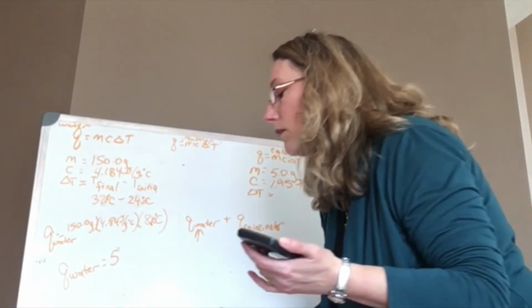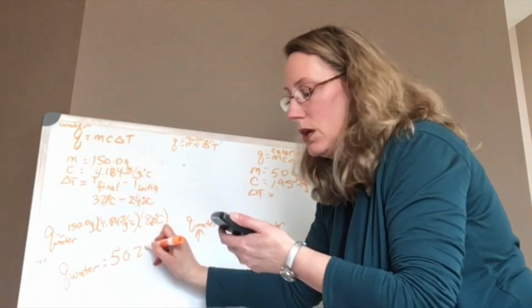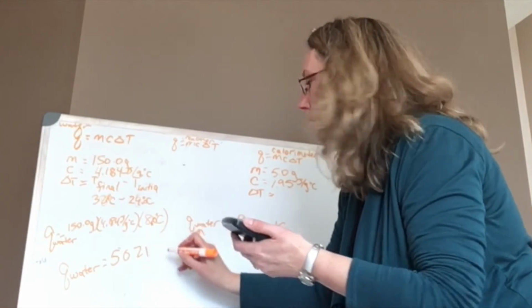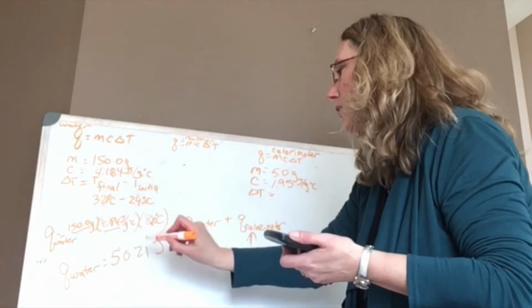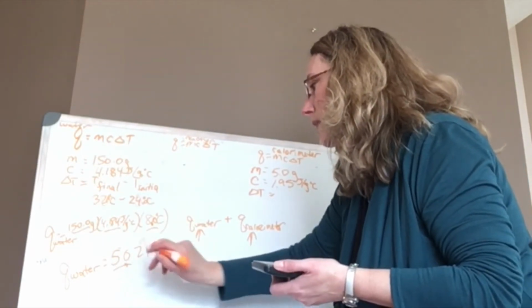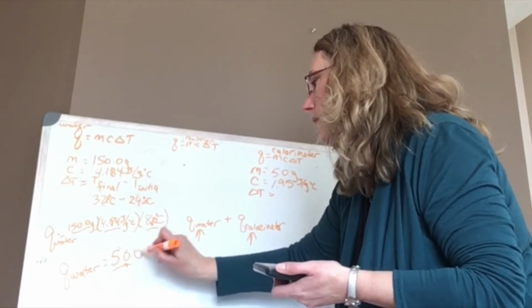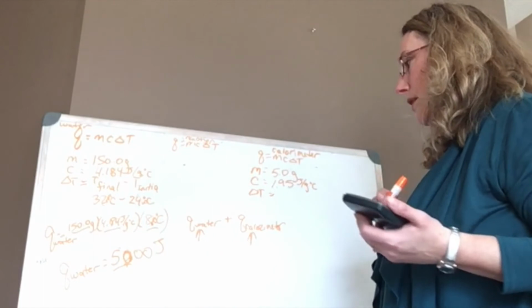Just double check that I didn't make a mistake again. Yeah, 5021 joules. And I have 4 there and 4 there, but only 2 there, so I have to round it to this place. So that falls off. So 5,000 joules went into the water.